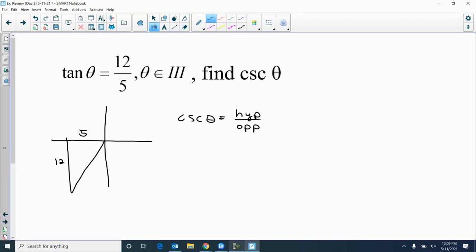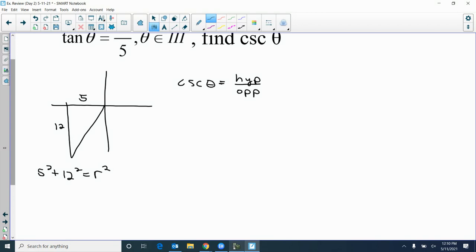We have the opposite side, but we're going to have to find the hypotenuse. 5 squared plus 12 squared equals, I'll call it R squared. 25 plus 144 is 169 equals R squared. Square root of that is 13. So we got a nice Pythagorean triple.